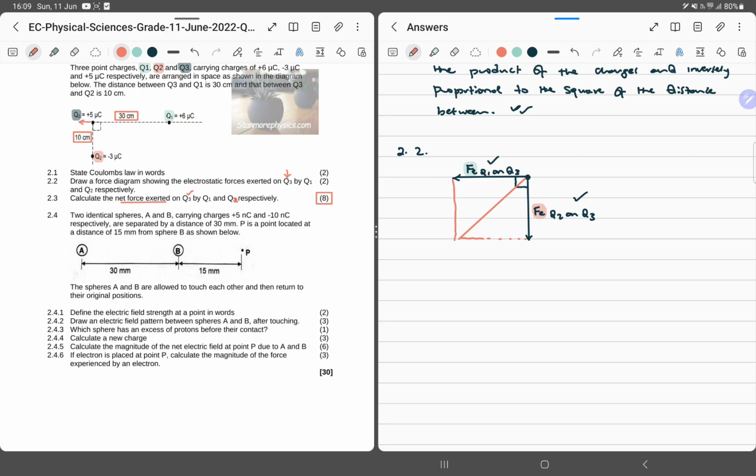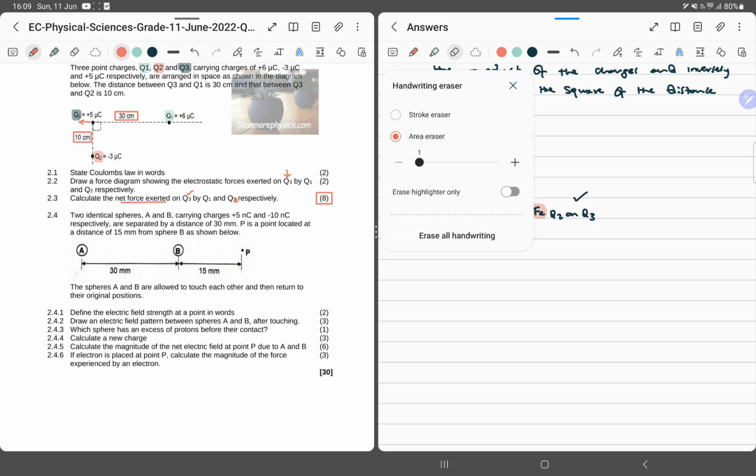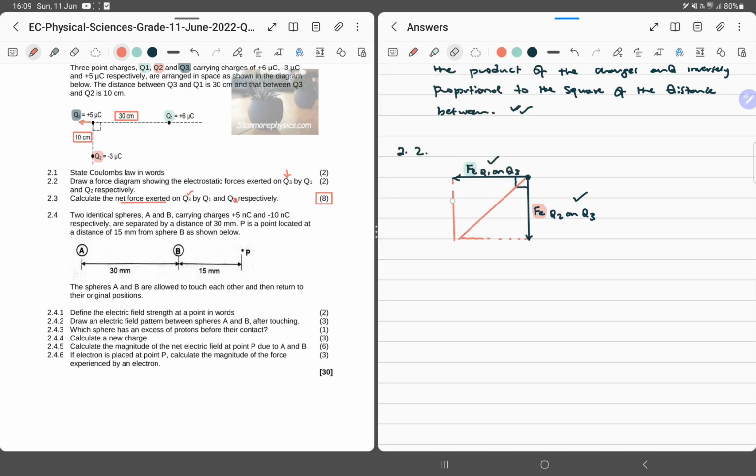Okay, and if we draw that parallelogram, although this one is not the best parallelogram you can ever ask for, maybe I should do it better. Alright, so that is the story. So we know that this is the resultant force. Okay, it will go in that direction.